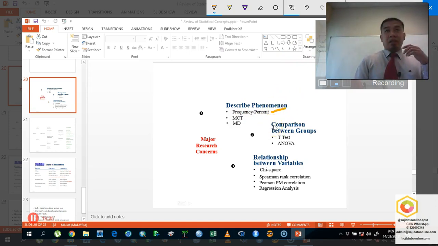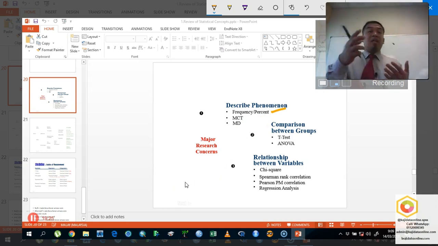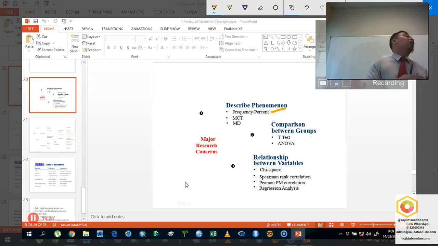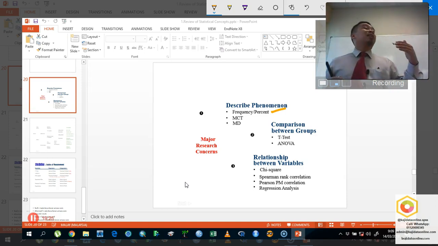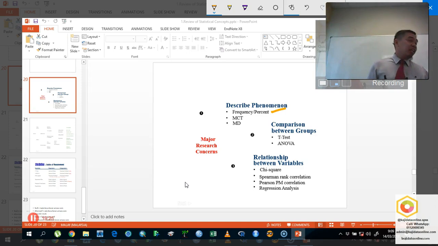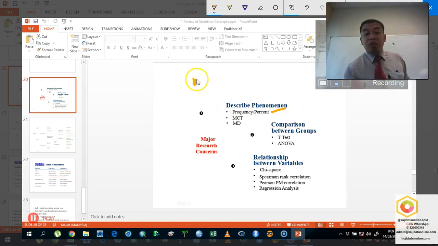That means if I'm asking about gender, I can only represent it using proportions. Male 2 over 29, how many percent? Female 27 over 29, how many percent? Only that presentation is available for that kind of data. So that is the limitation of the nominal scale.